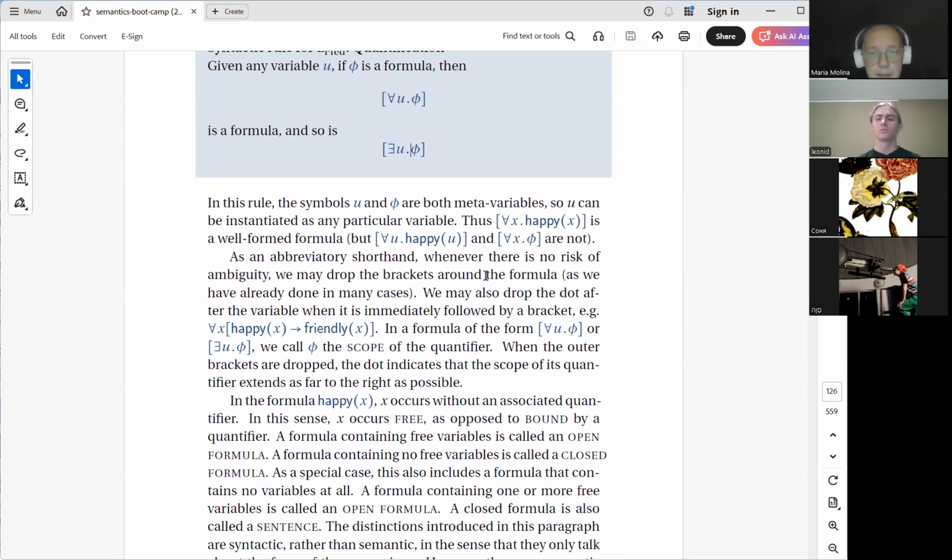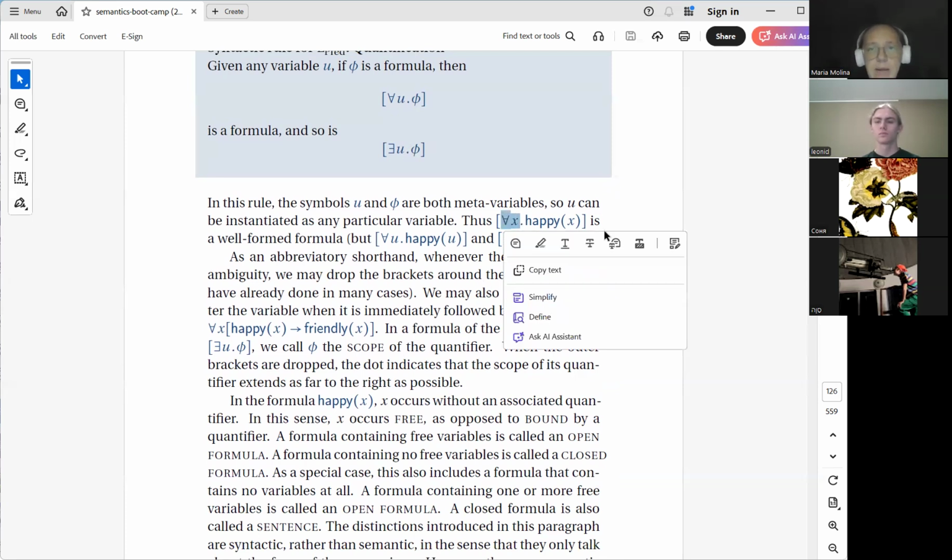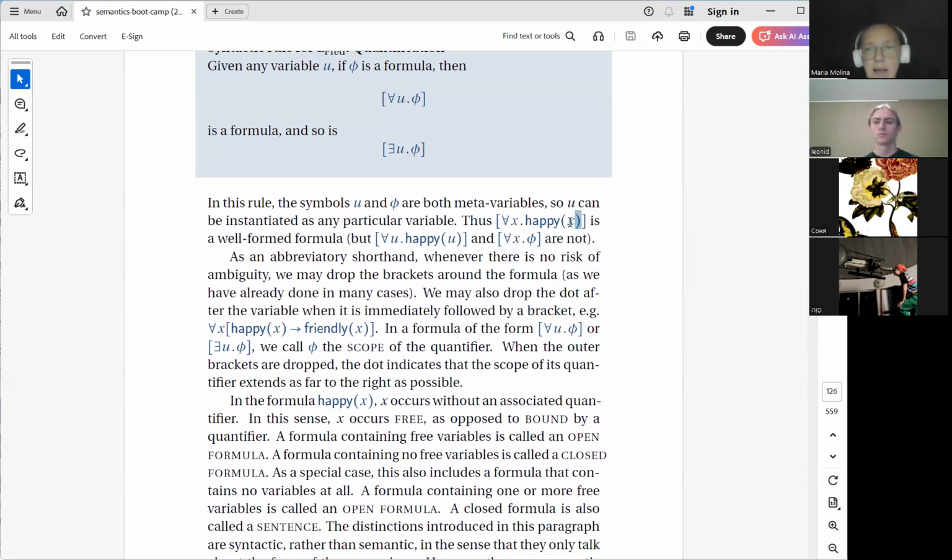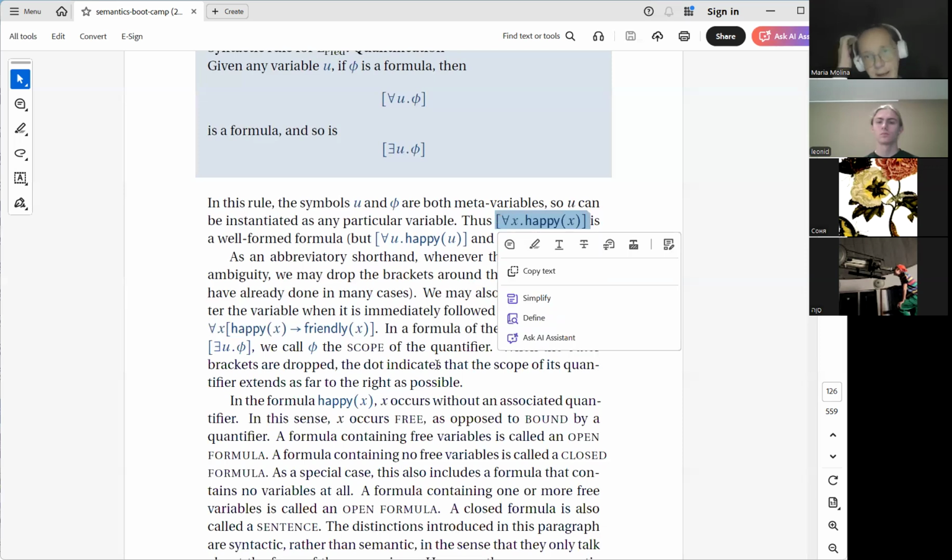For example, all x, and then we need a formula here, such that x is happy. This gives us a well-formed formula. All x such that x is happy.